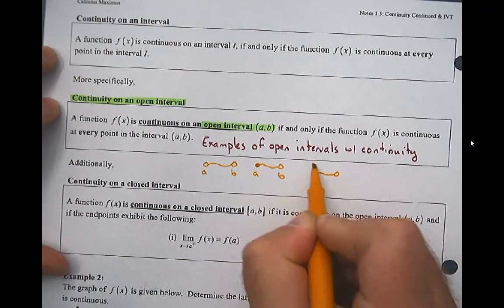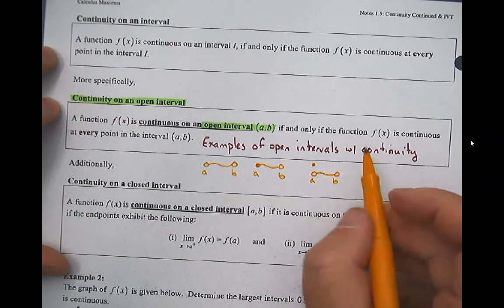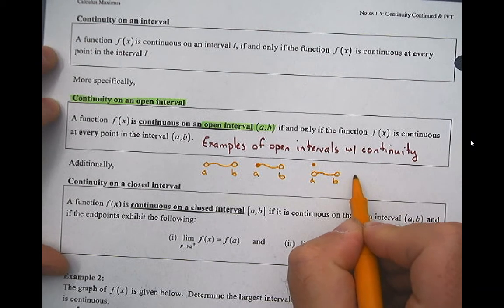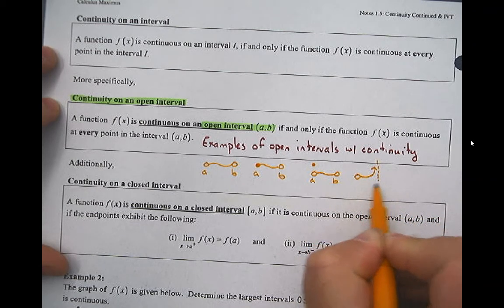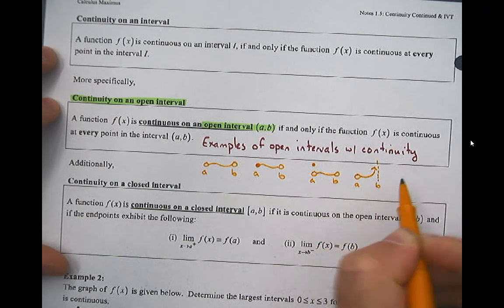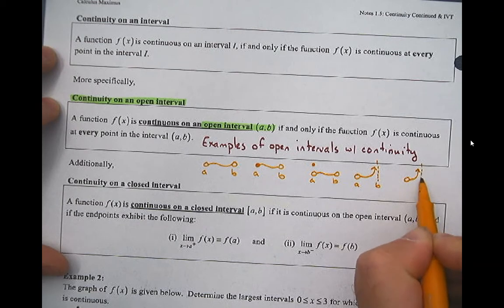Next one I have a point. I have a hole going to an asymptote. And then I have a hole going to an asymptote that's in the middle, A to B.